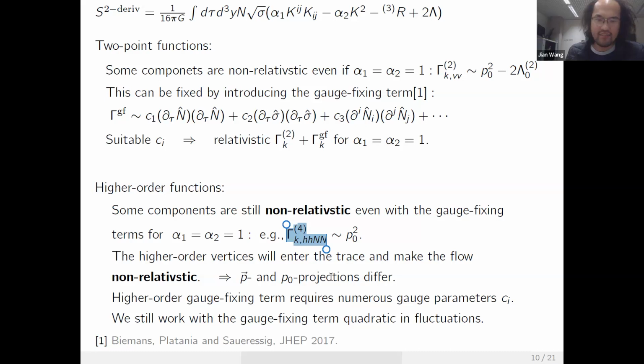So this gauge fixing method is still a good approximation to do the computation, I think.